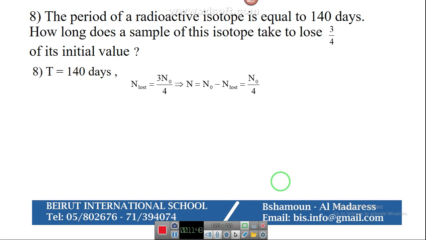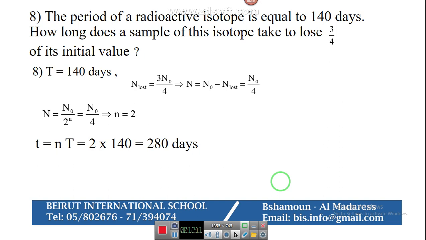This means that N remaining equals N0 minus N lost, equals N0 over 4. The formula is N equals N0 over 2 to the power n, so N0 over 4 equals N0 over 2 to the power n. This means that n is equal to 2, knowing that time equals n times the period, equals 2 times 140, equals 280 days.